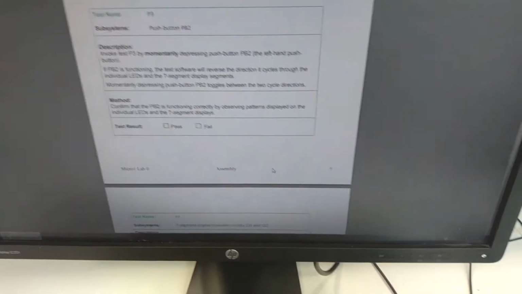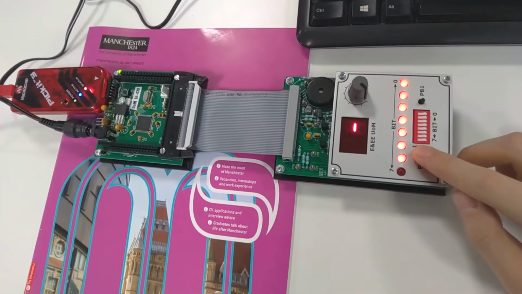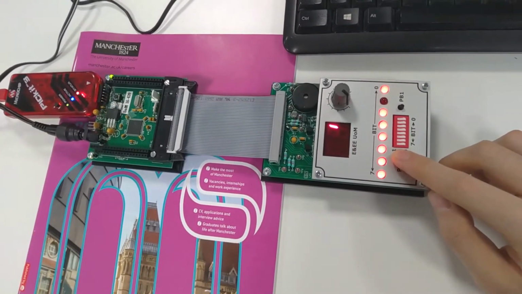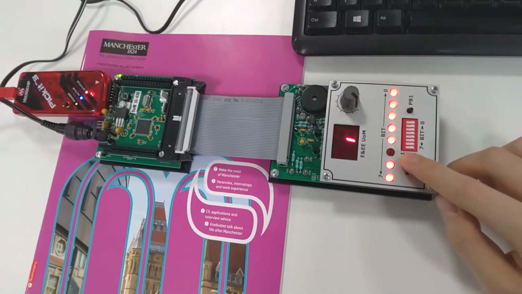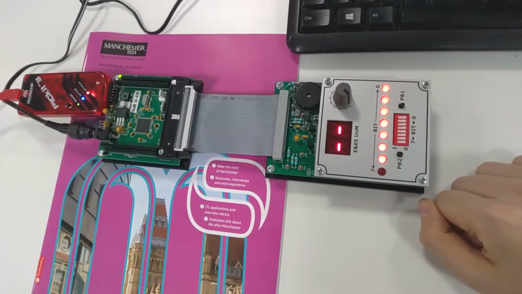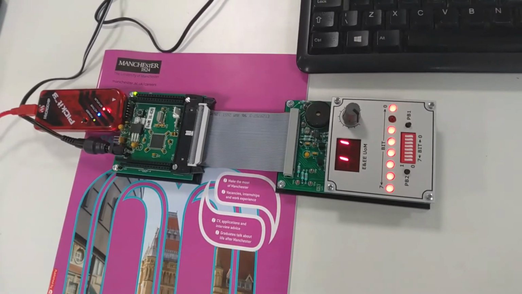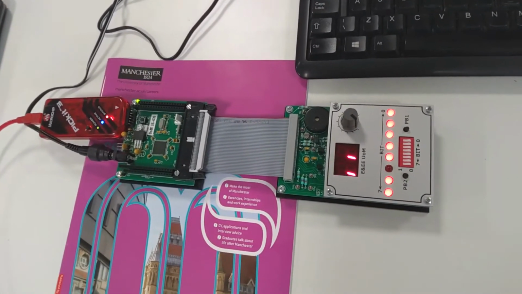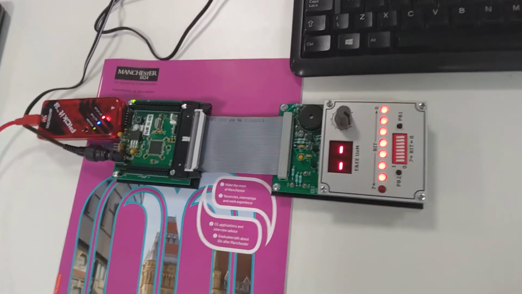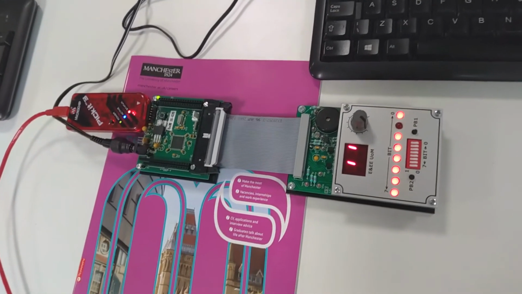As we press and hold PB2, it would be... now we've released it, and as we can observe, the direction of how these LEDs illuminate one by one has been reversed, and the direction of the 8 red individual LEDs to turn off one by one has been reversed as well.